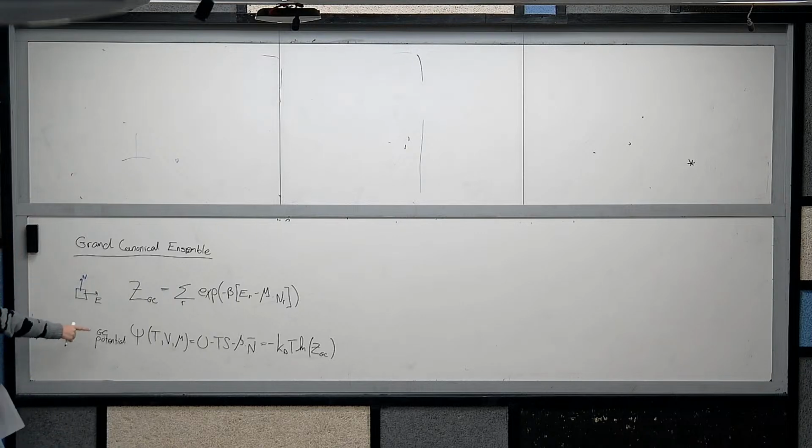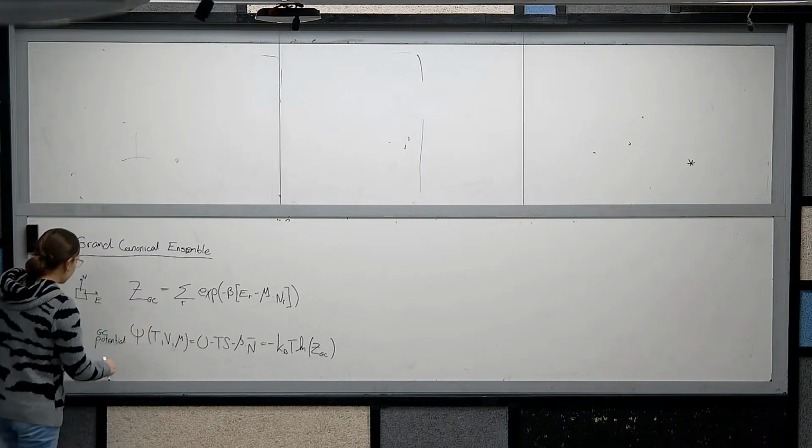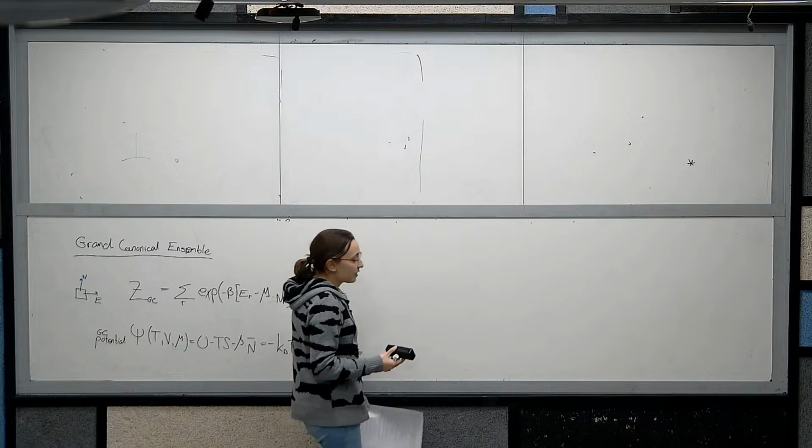Then when we have the partition function, we can get the grand canonical potential, and then we can get any thermodynamic term we want.